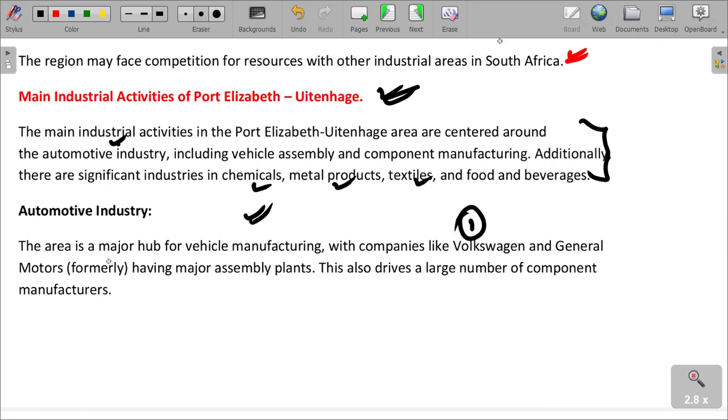We talk about General Motors. Having major plants in there also drives a large number of component manufacturers, who are producing more of those accessories that these car plants would be looking at.